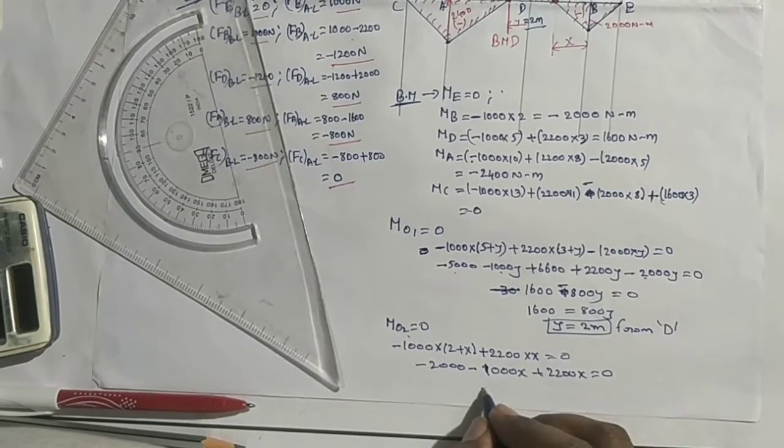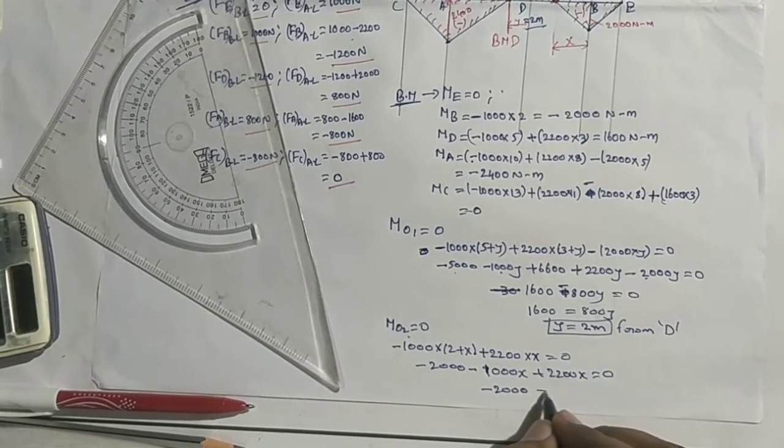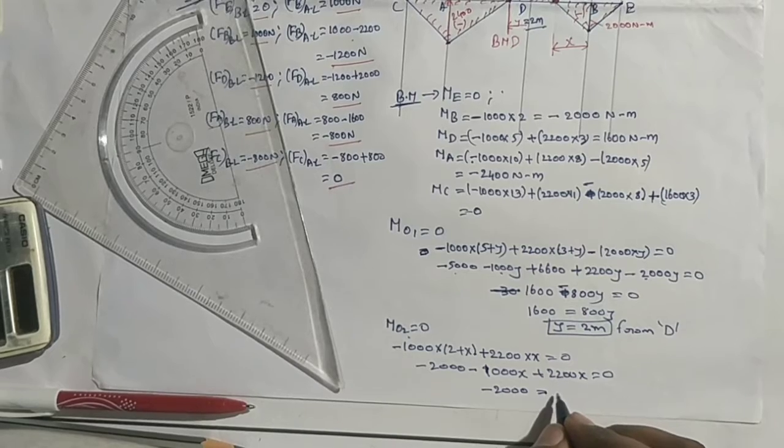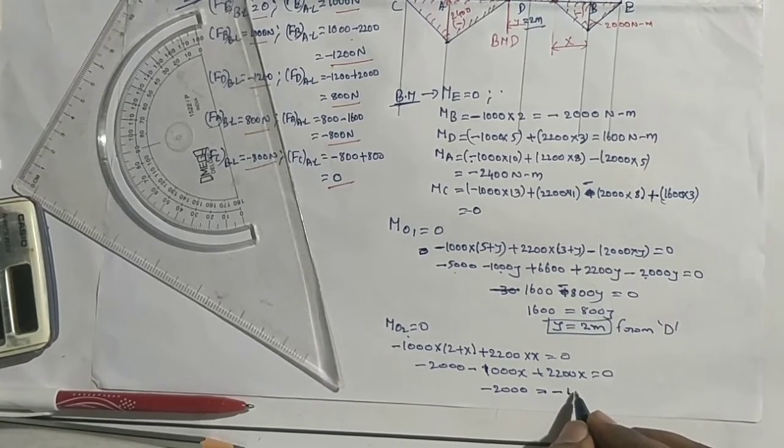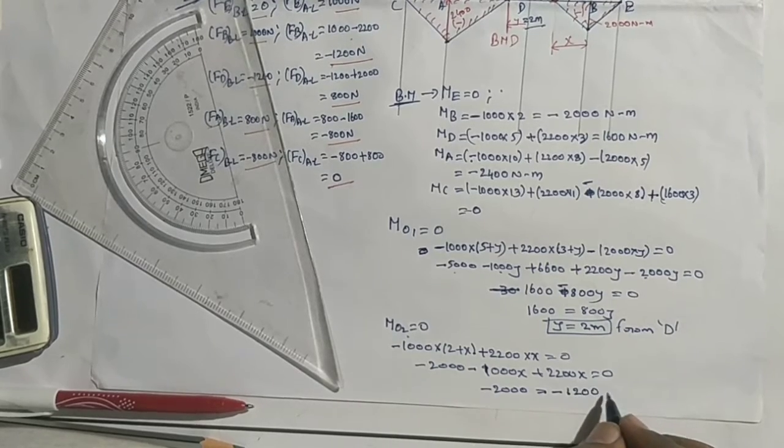Here minus 2000 is equal to minus 1200x.